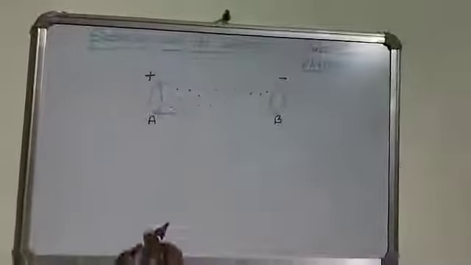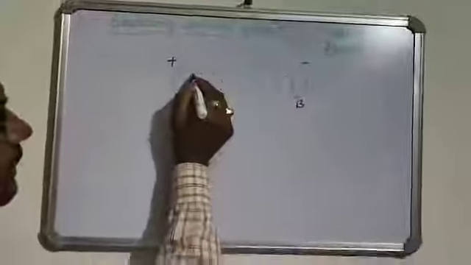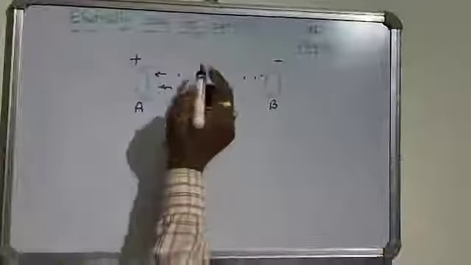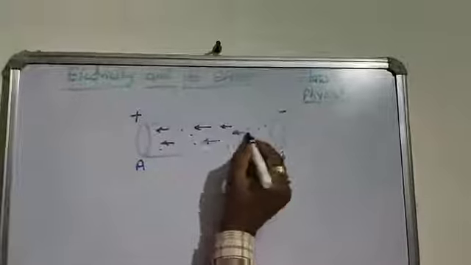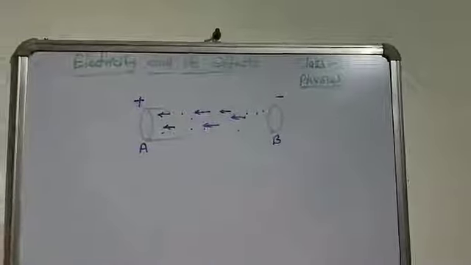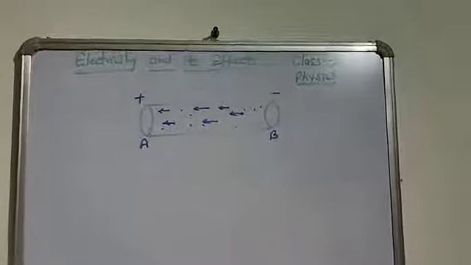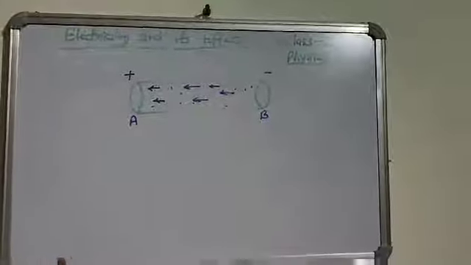Electrons are negatively charged particles. When we apply the potential, the negative charges are attracted towards the positive end. So electrons move from the negative end to the positive end. This is called electric current. That means we can say the flow of electrons in a metallic wire is called electric current.